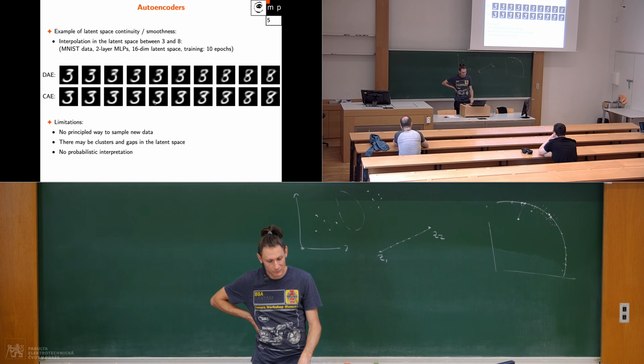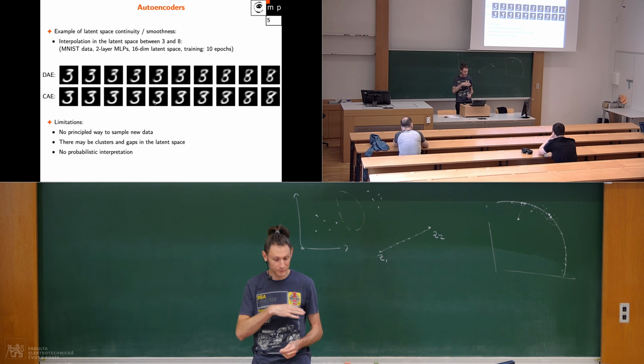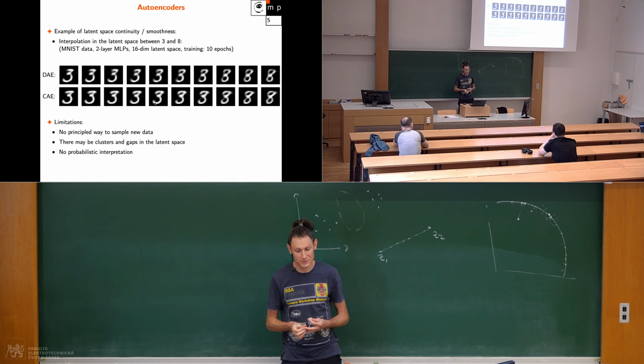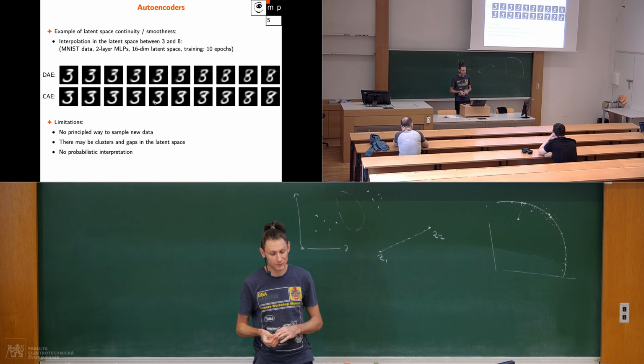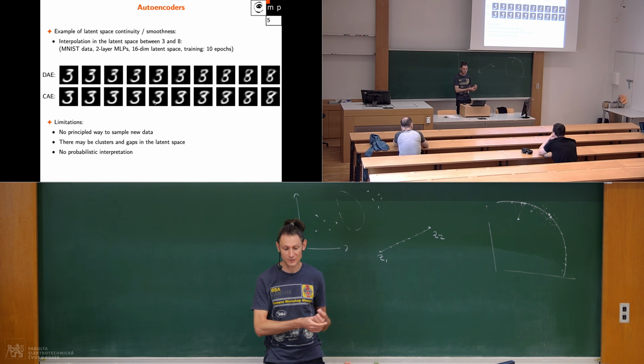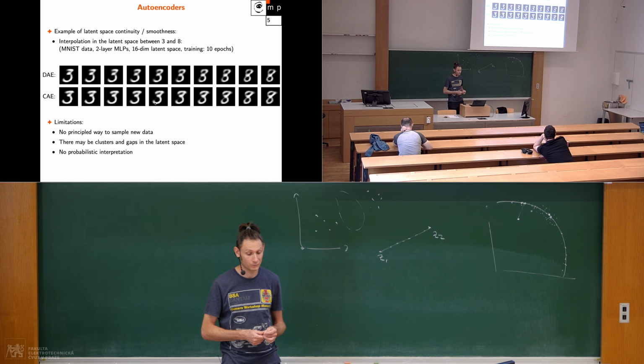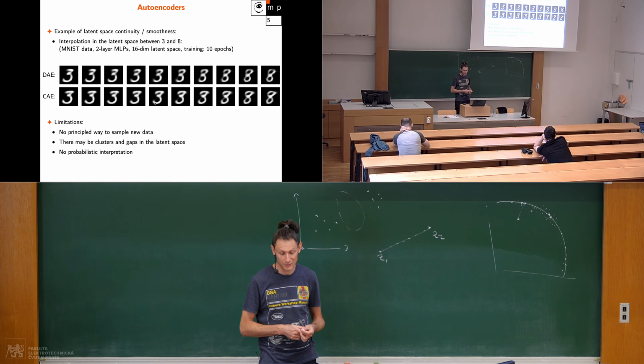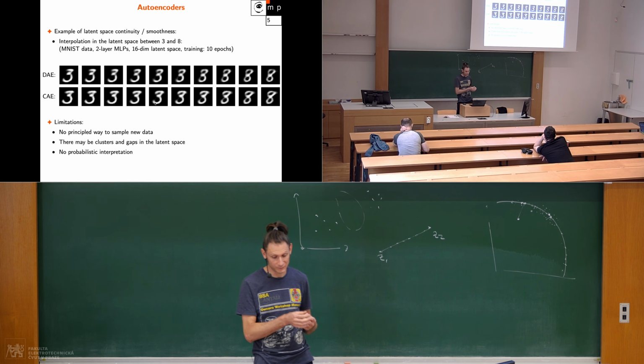And there is also no clear way to use these latent representations if you want to generate digits from our training distribution. This is good for representation in some sense, but if you wanted to replace our training distribution by a generator, to synthesize new images, there is no clear way to do this.